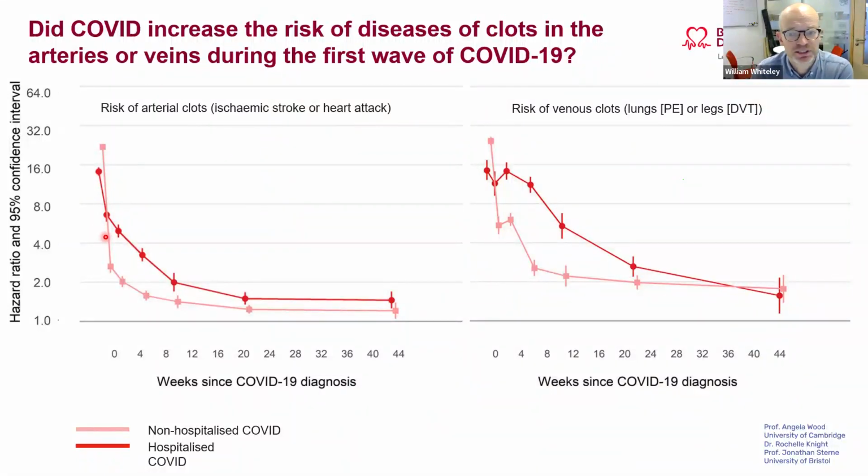And you can see there's something similar about these two graphs. There's a high early risk of both of these conditions, which for arterial thrombosis falls quite quickly. So by the time you're about 3 months, your risk isn't very much higher than if you'd never had an infection at all. It remains a little higher if you were hospitalized. But for venous clots, we can see that for both hospitalized and non-hospitalized people, this risk remains elevated, never entirely goes back to normal.